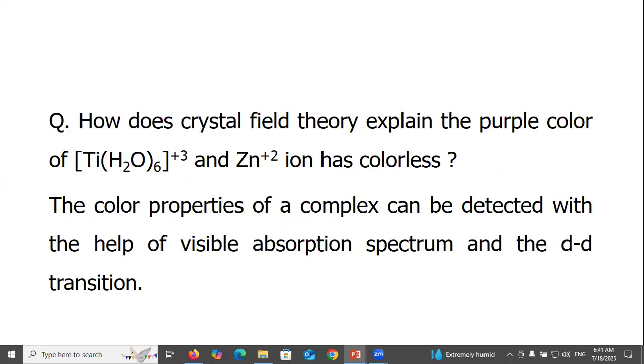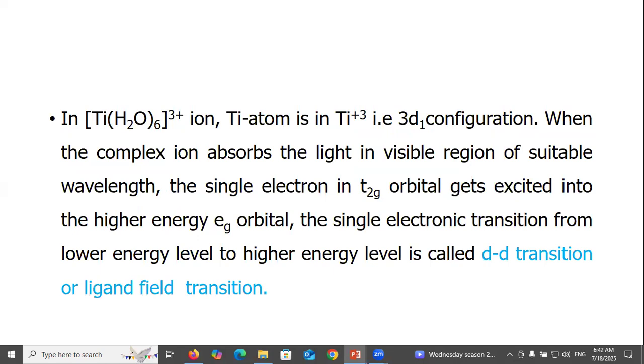How does crystal field theory explain the purple color of hexaaqua titanium 3 and zinc 2 as colorless? The color properties of a complex can be detected with the help of visible absorption spectrum and d-d transition. In the hexaaqua titanium 3 ion, titanium is in the Ti3+, that is the d1 configuration.